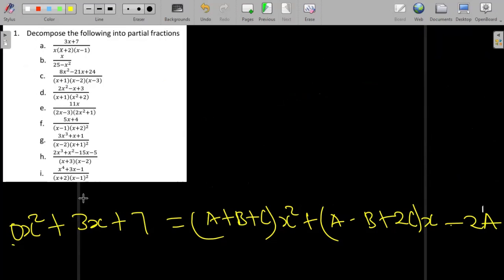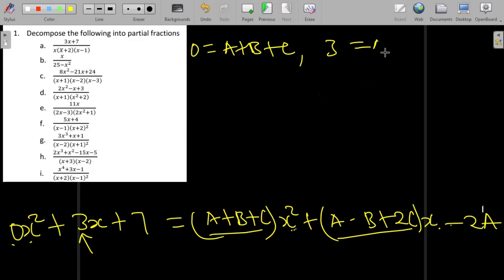So 0 should be equal to A plus B plus C. Then 3 should be equal to the coefficient of x, so 3 is equal to A minus B plus 2C. And then 7 should be equal to the one that does not have any x, so minus 2A is equal to 7.